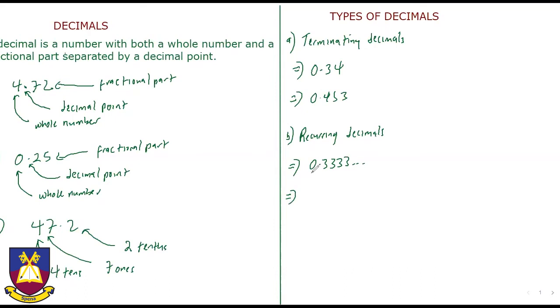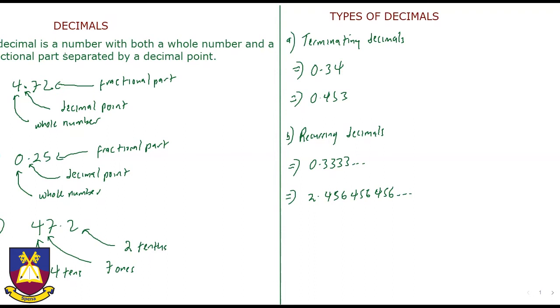As long as they repeat endlessly, we say that's a recurring decimal. 2.456456456 and so on is a recurring decimal because 456 keeps on repeating infinitely many times.